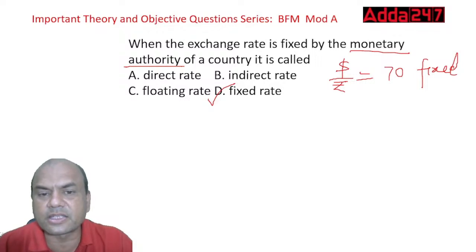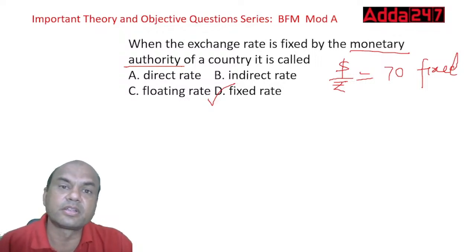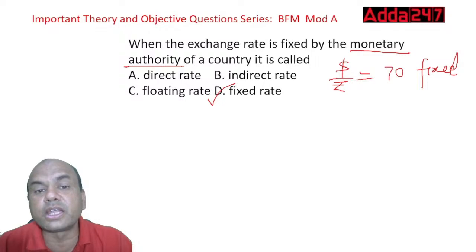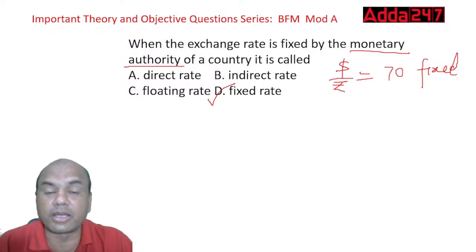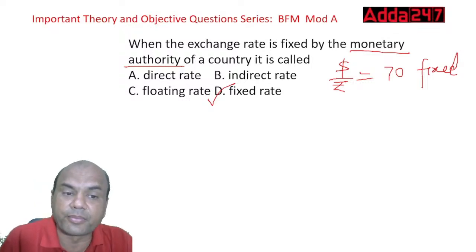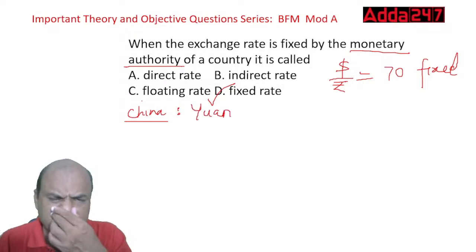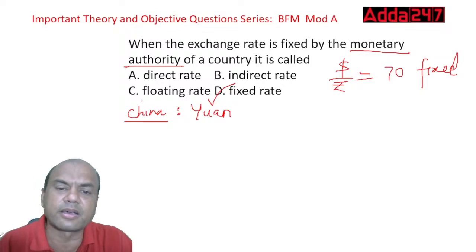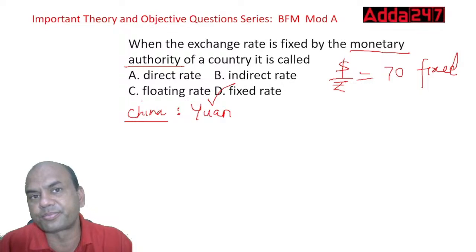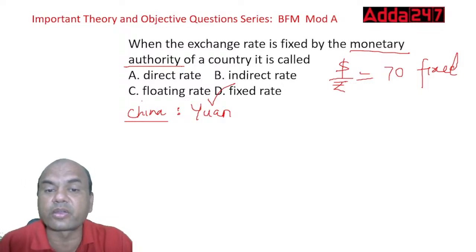See here, these things are done in many of the countries. Like I'll tell you, there is huge interference in the currency by many of the countries directly. I'll tell you where. China. If you check China, their currency is what? What is the currency of China? It is yuan, right? Main currency, there is renminbi also, but main is yuan. China interferes a lot in its currency. It is an administered rate, you can call it.